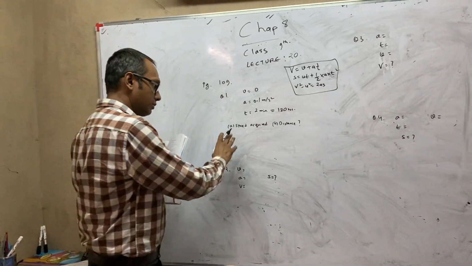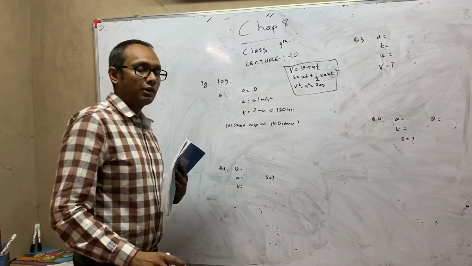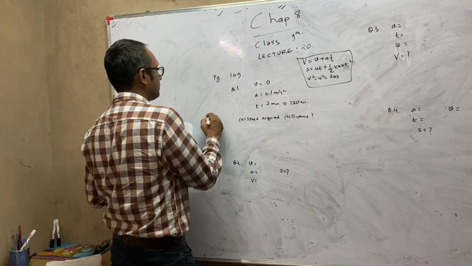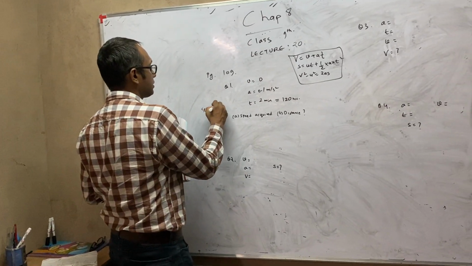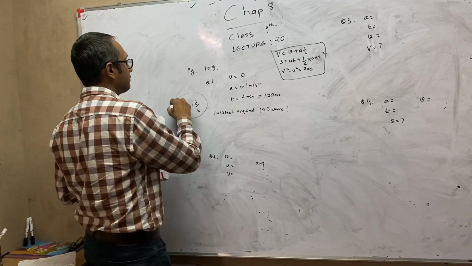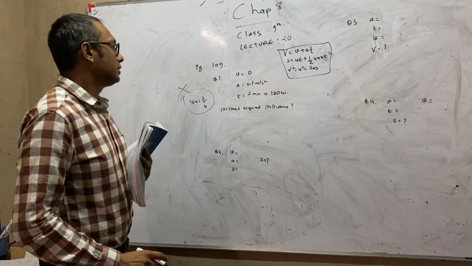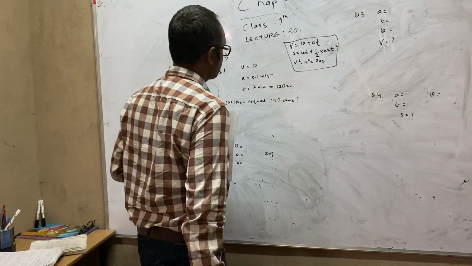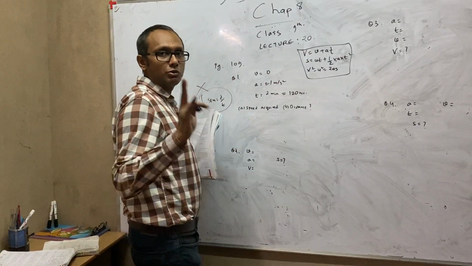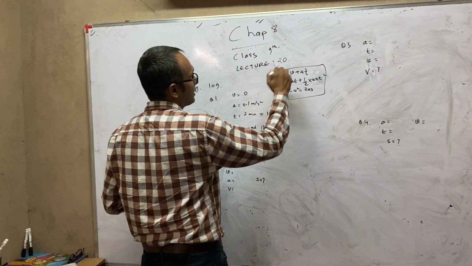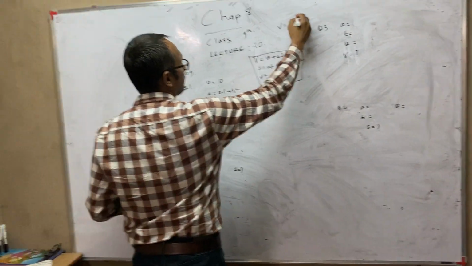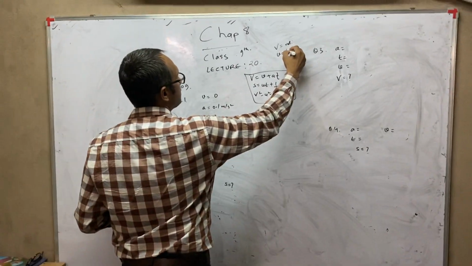Now here the first question is find speed acquired. Now when you see the word speed, don't get confused into using the other formula. Speed is equal to distance upon time. This formula we will not be using. Now when the word speed is there in these formulas, speed is related to two alphabets. One is v, which is final velocity, and one is u, which is initial velocity.